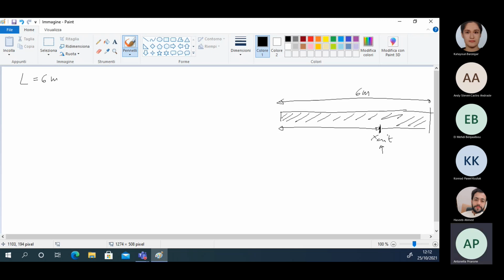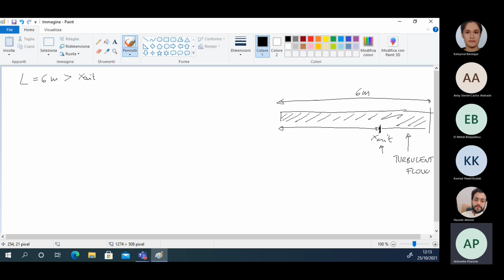So I will have a turbulent zone, because 6 meters is, for both cases, bigger than X critical. That means for both fluids, I will have a zone with turbulent flow.